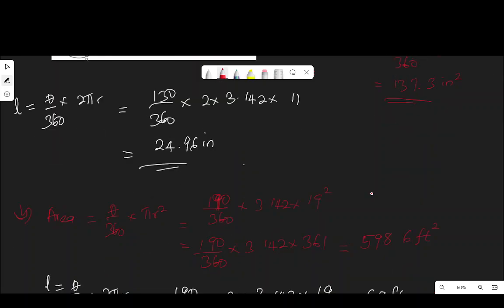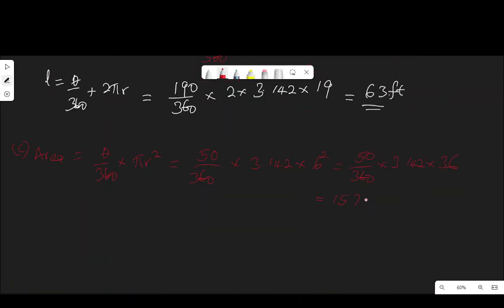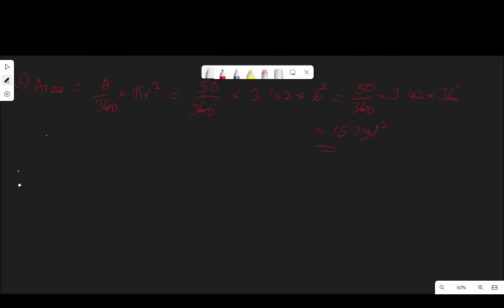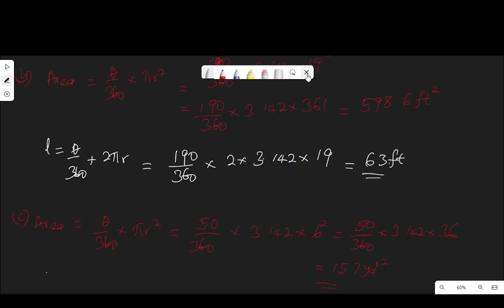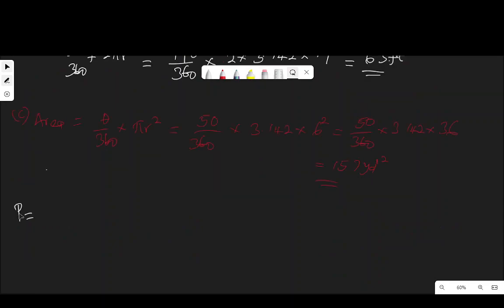The unit is yard, so yard square. That is the area of the sector. Let's look at the perimeter now. Sorry, length of arc, not perimeter. Length of arc.